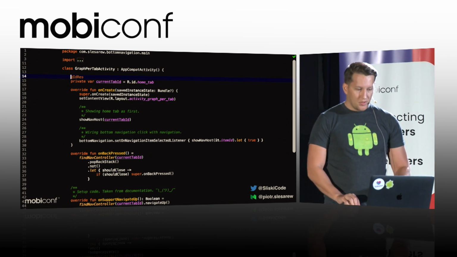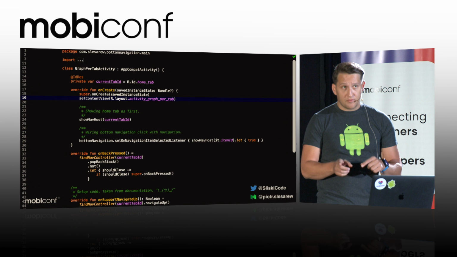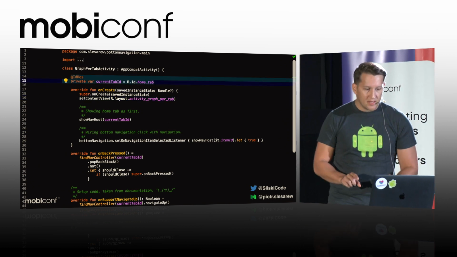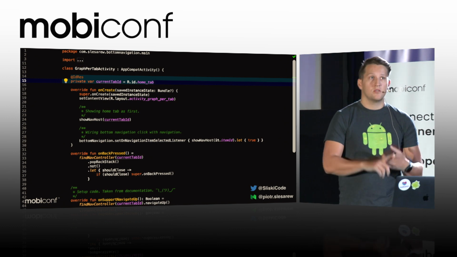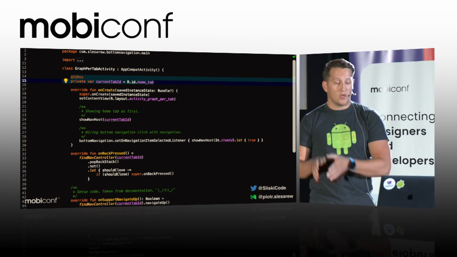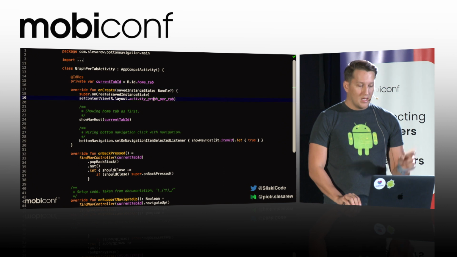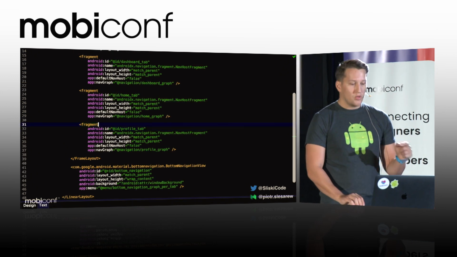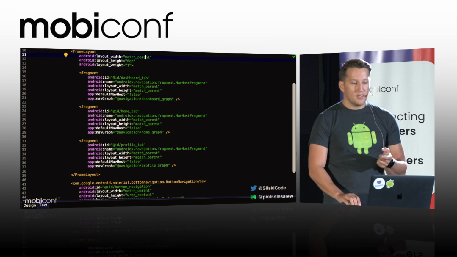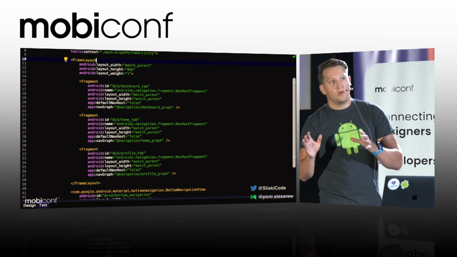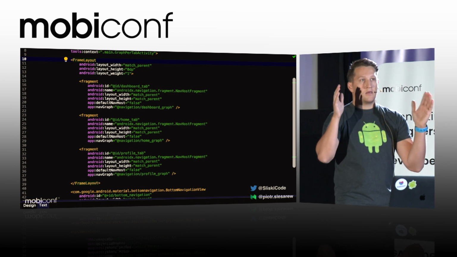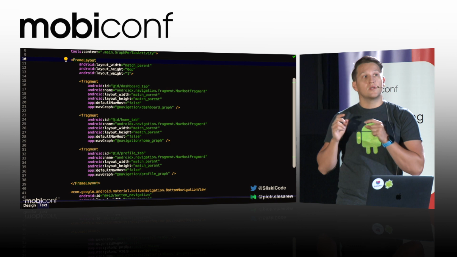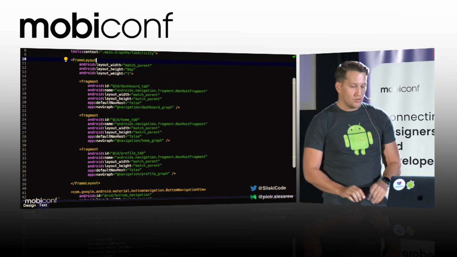Okay, so what is different from our previous approach? We are specifying that the current tab will be the home tab, so this is the first thing we go to when we open the app. Then we are setting our content view, but it's a different content view. Here we don't have one fragment, but in the scope of the main screen we will have 3 containers, and every container will contain a different navigation graph.